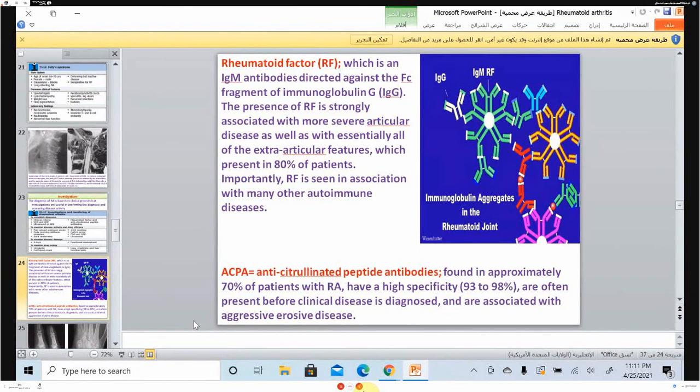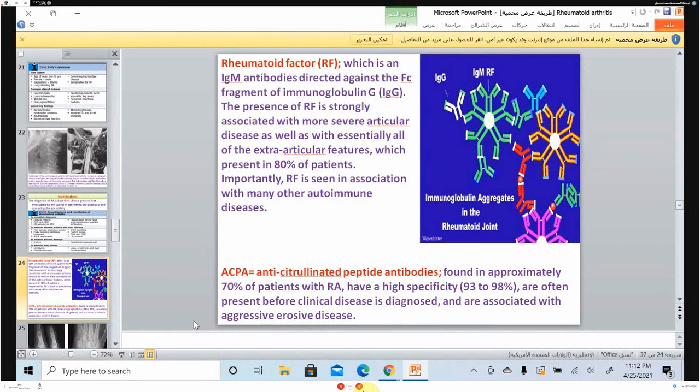Rheumatoid factor. What is rheumatoid factor? Rheumatoid factor is IgM antibodies directed against the Fc fragment of immunoglobulin G. The presence of rheumatoid factor is strongly associated with more severe articular disease as well as essentially all of the extra-articular features. So it is IgM antibodies against what?